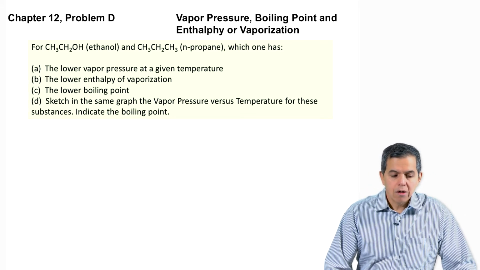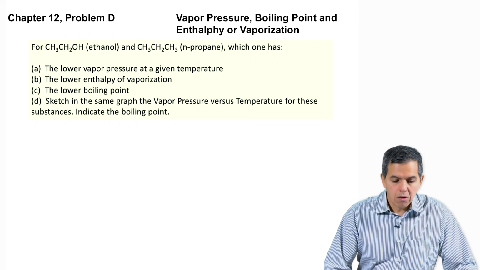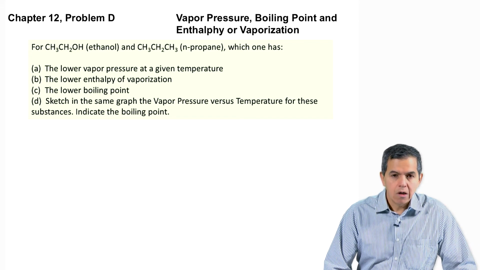The questions are, which one has the lower vapor pressure at a given temperature, the lower enthalpy of vaporization, the lower boiling point? And once you have thought about these answers, sketch in the same graph the vapor pressure versus temperature for these substances. Indicate their boiling point as well.